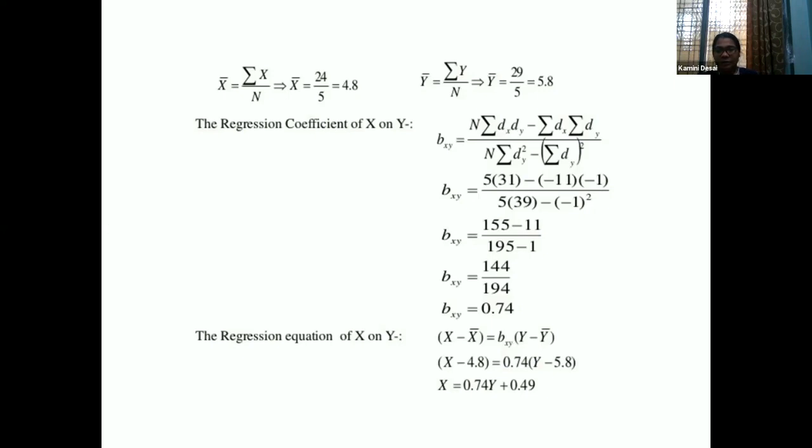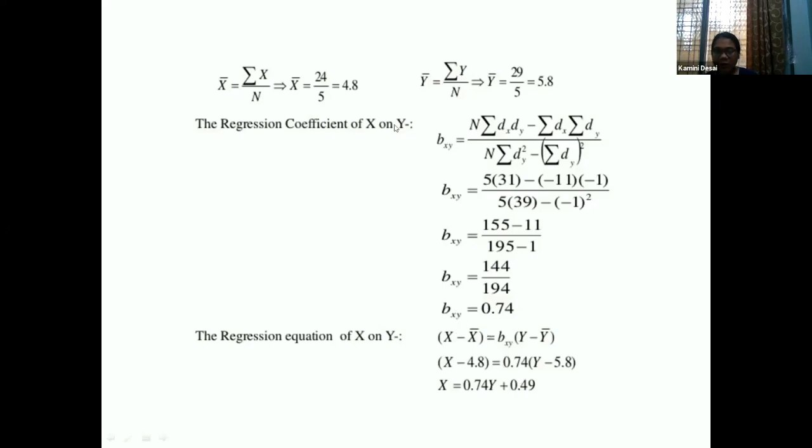In the denominator, 5 into 39 minus the square of minus 1, which is always 1. 39 into 5 is 195, minus 1. So this calculation for bxy is very easy. If you are finding difficulty in this equation, this is also easy, because we are getting the value 0.74.